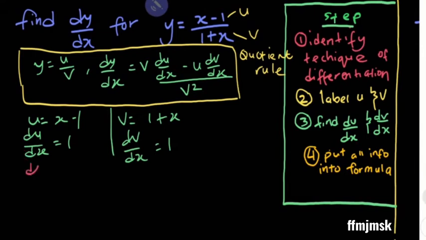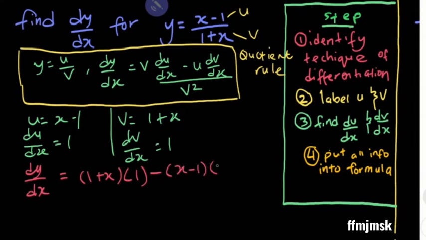So here we have dy over dx is equal to v, which is 1 plus x, put it in the bracket, multiply with du over dx, which is equal to 1, minus u, x minus 1, multiply with dv over dx.